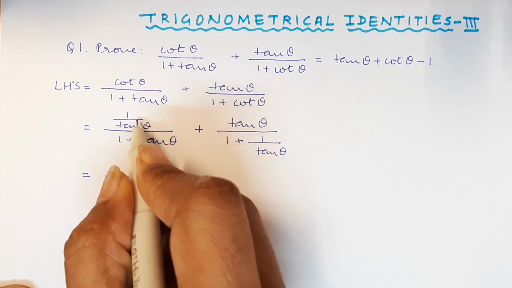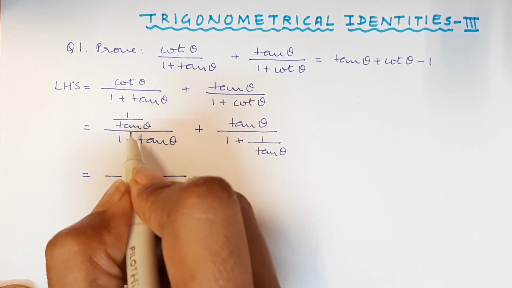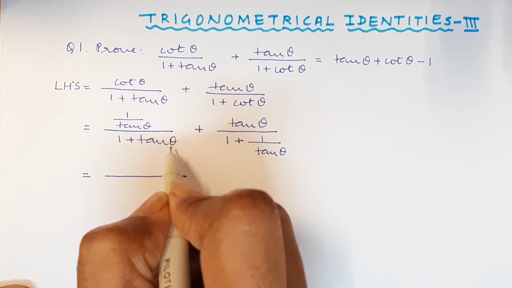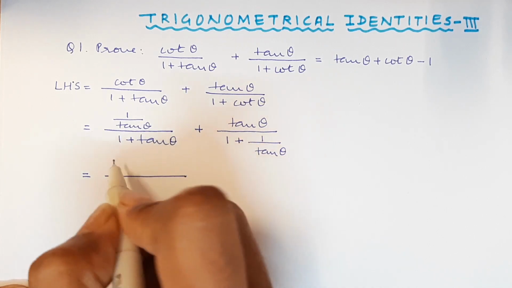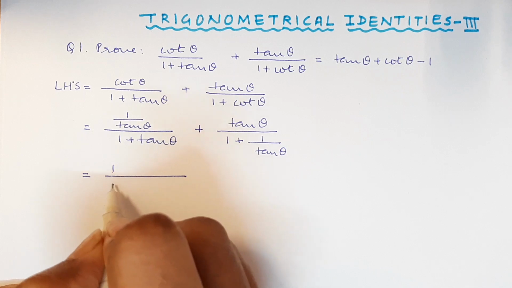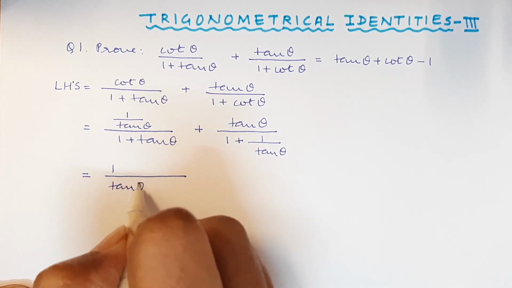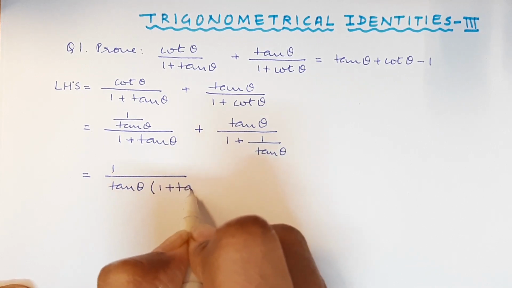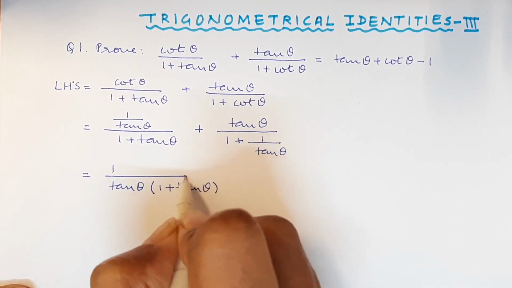Now, in my first fraction, 1 upon tan theta will be multiplied by 1 upon 1 plus tan theta because this will become reciprocal. So, I will write it as 1 upon tan theta and the denominator will also have 1 plus tan theta included.